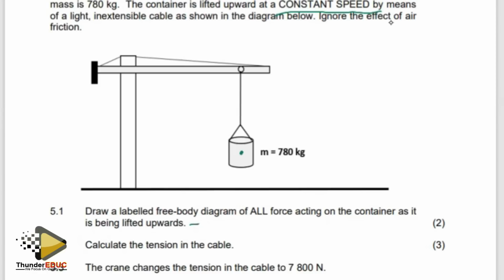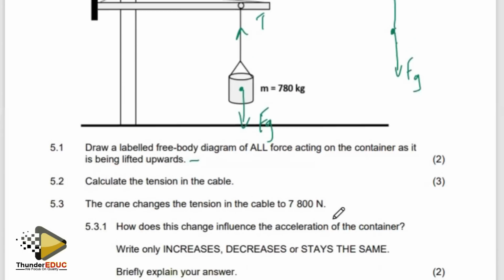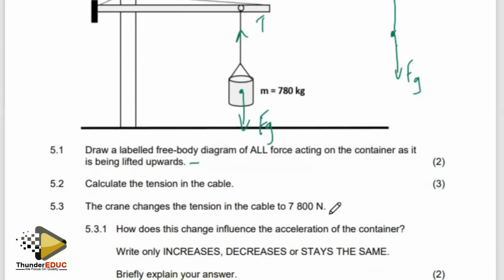So this container here, since this is a string, it will have the tension. And since it's hanging, we shall have the weight. So we're going to have T and FG, two forces. Then they want us to calculate the tension within the cable.